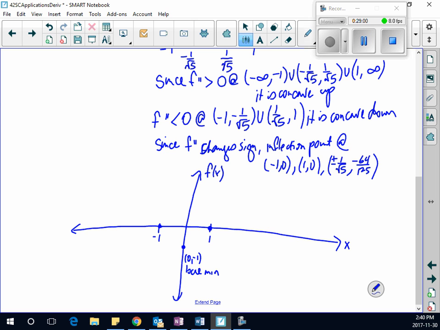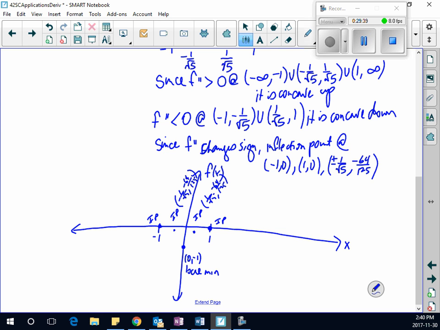I have an inflection point also here, and then I also have inflection points at positive 1 over root 5, negative 64 over 125, and at negative 1 over root 5, negative 64 over 125.